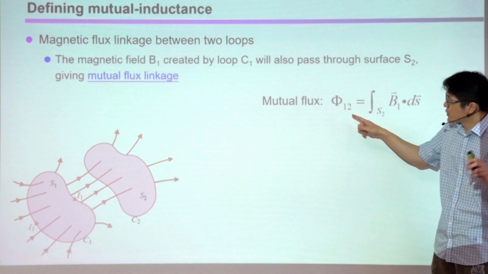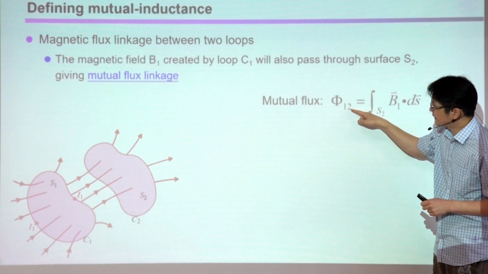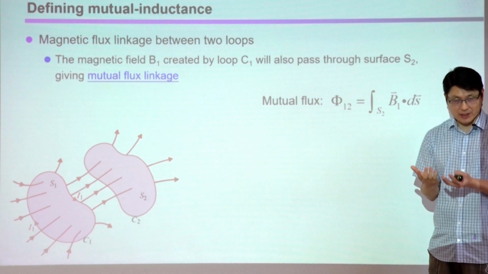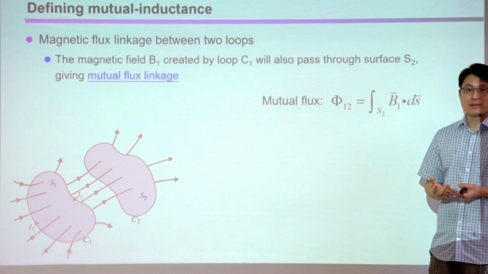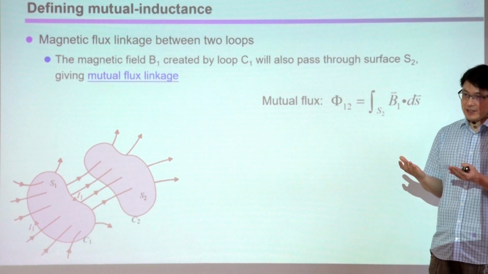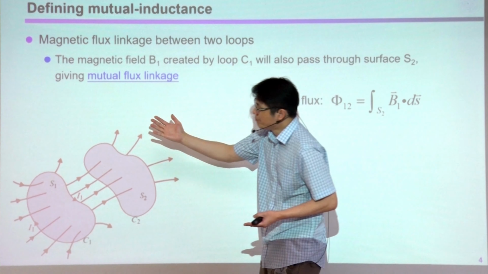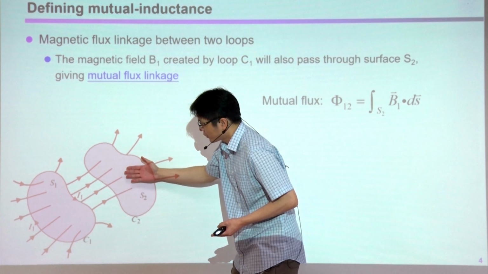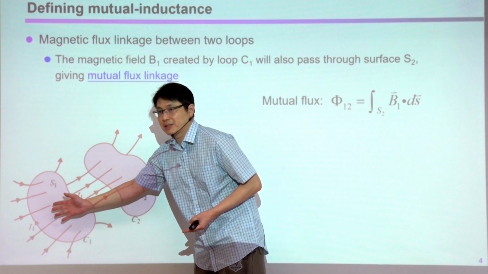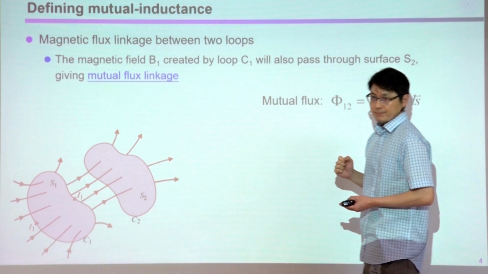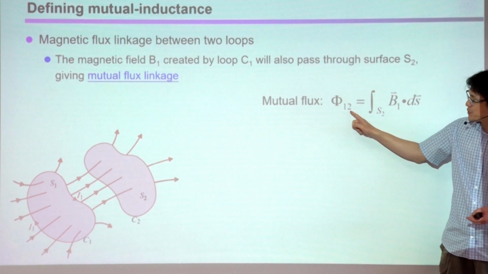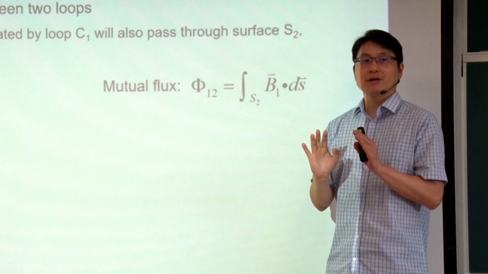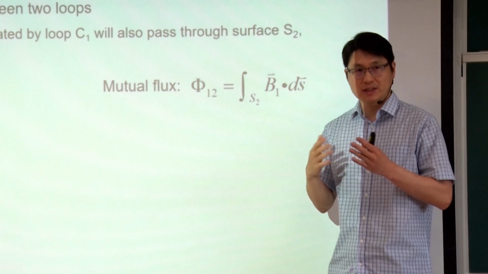Okay? So once you see the subscripts are different, you know you are calculating mutual flux. The number of field lines crossing my surface area, but all these field lines are created by somebody else. So whenever your subscripts are different, you know you're calculating mutual flux.